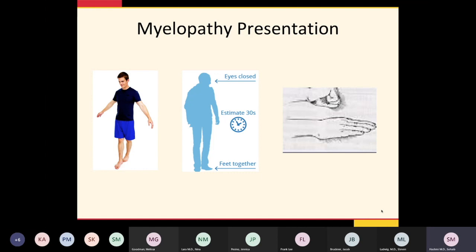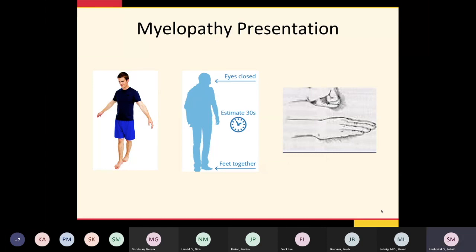And the key thing here is that their feet should be together when they're performing this test to see if their gait and balance is stable. Because as they're standing there for 30 seconds, if their feet are not together, they can compensate and maintain their balance, giving you a false sense of their balance.